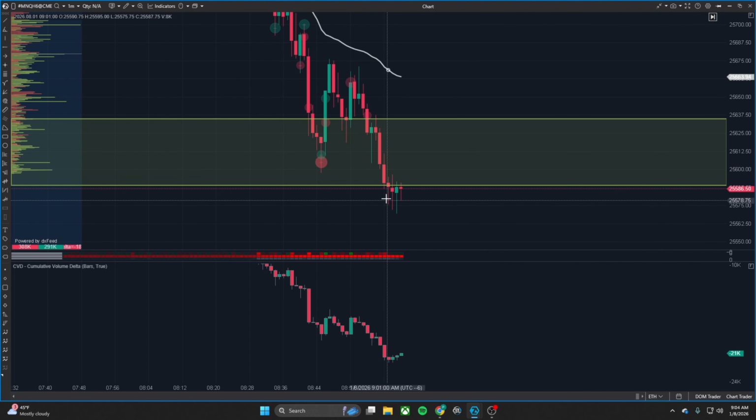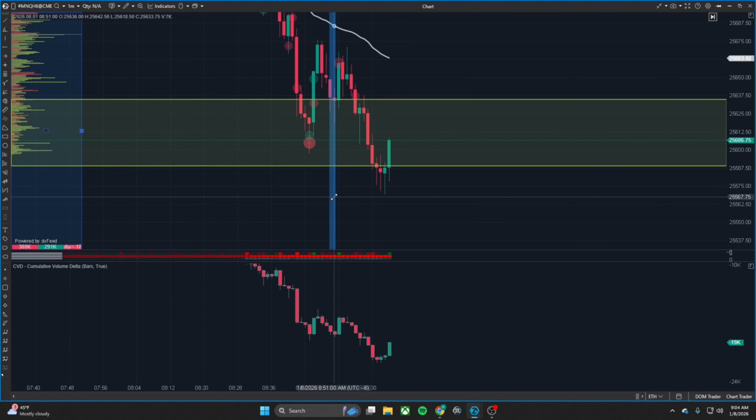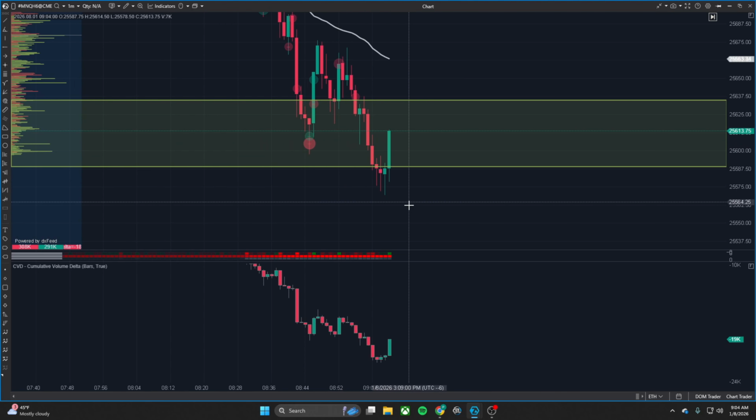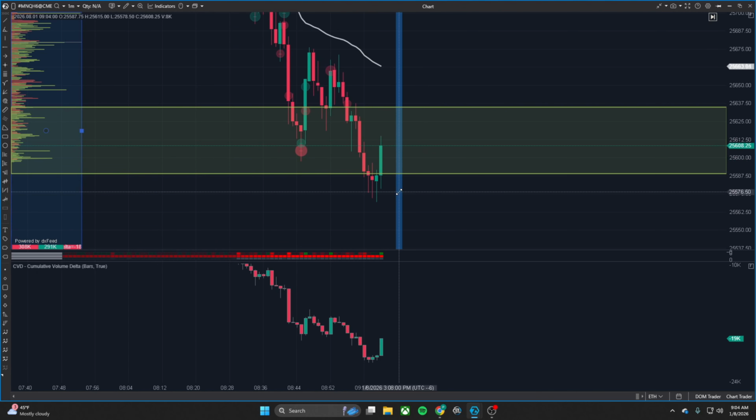These guys are getting stopped out, which is kind of a catalyst to go even lower, which is why we call it a squeeze. So once we break this low where their entry is, they're in drawdown. So they're going to have to sell their buy position when they get stopped out. But it looks like they already sold somewhere up here. So this was not a catalyst to go lower yet.